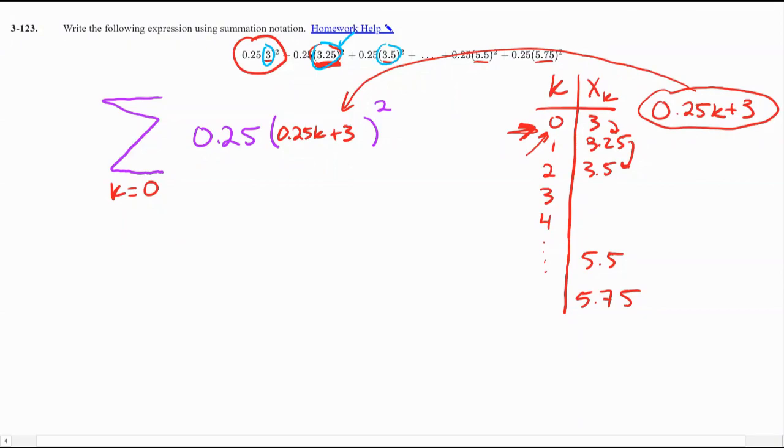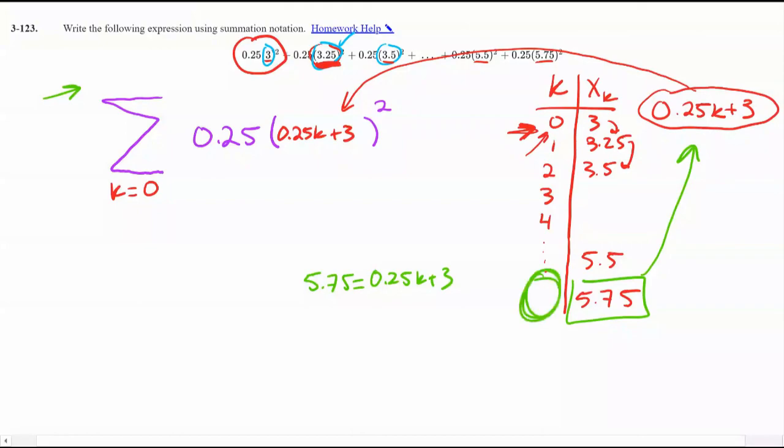I'm almost finished. The only thing I'm missing now is the value on the top. To get that, I know my final value that goes in the parentheses. So I'm going to set these two things equal to each other: 5.75 equals 0.25k plus 3, and solve for my last k value.